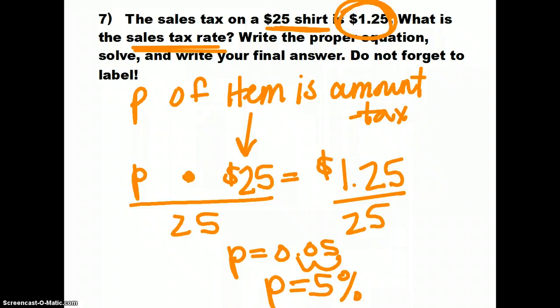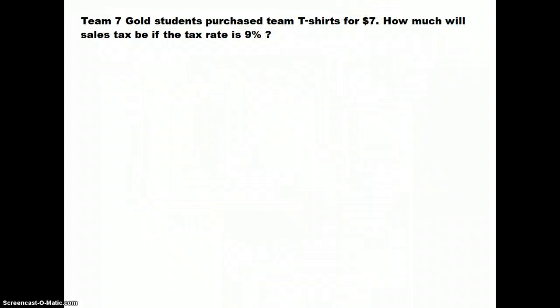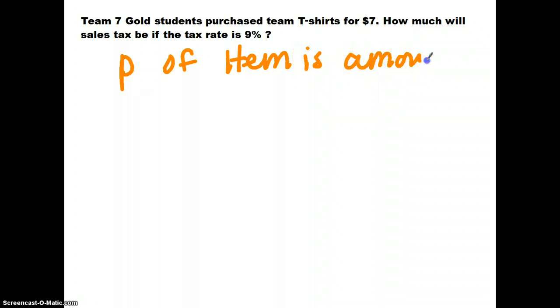All right, have a look at the white sheet. The first problem says, Team 7 Gold students purchased team t-shirts for $7. How much sales tax will there be, if the tax rate is 9%? Okay, so I start off with P of item is the amount. In this case, it's the amount of tax.